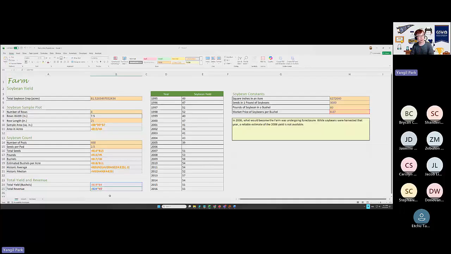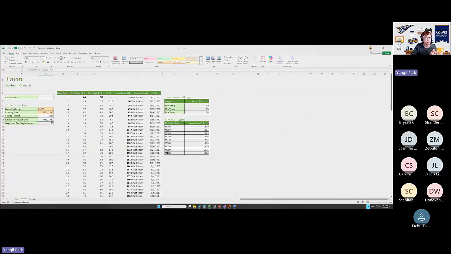Okay, so again, all those directions are in the given, but somewhat understanding what it's saying can be a little bit difficult sometimes, because you have so many different items you need to deal with, and converting can sometimes be a little tricky. So that's the yield. Then we have growth.